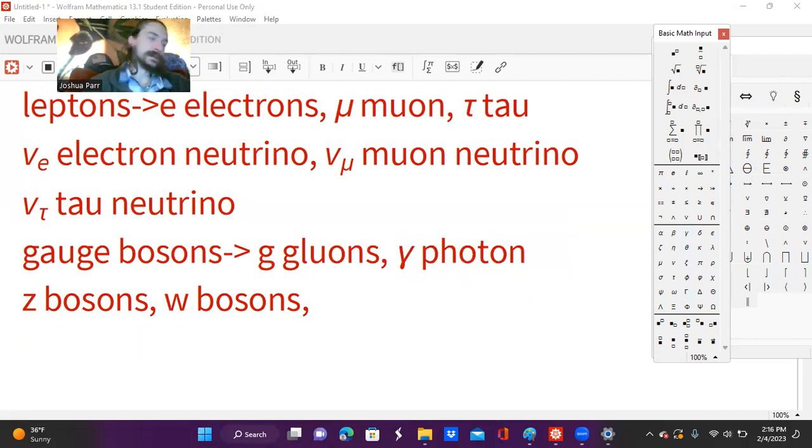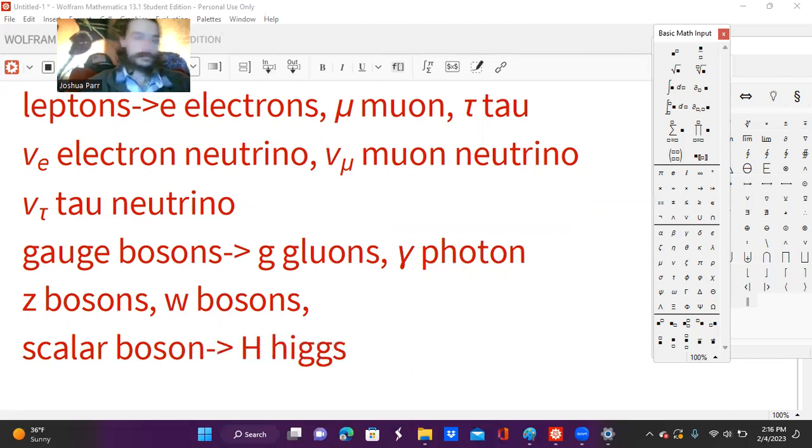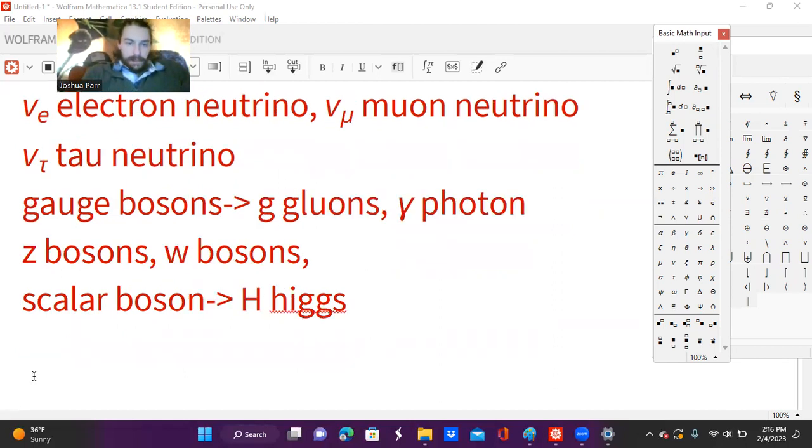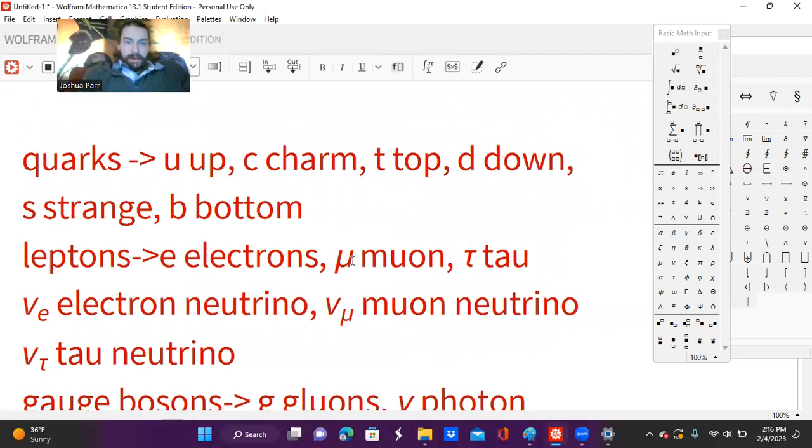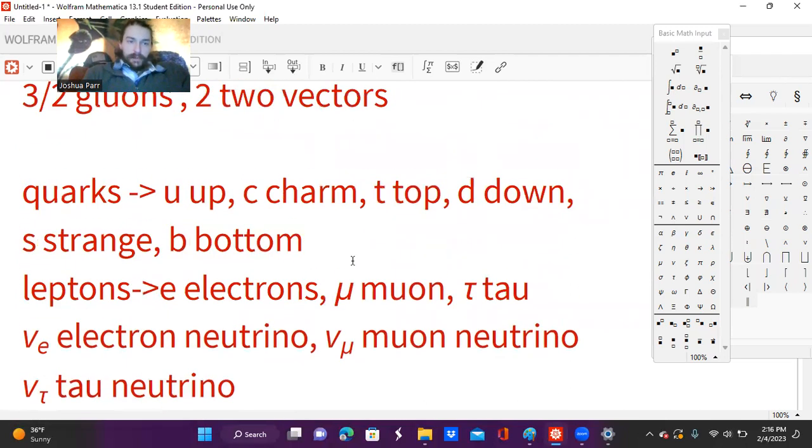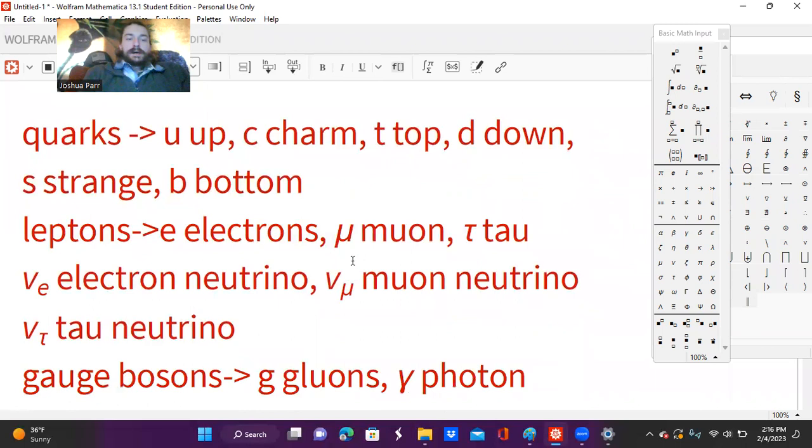It's a scalar boson. H for Higgs. All right. That is what's going on with that. Quarks, leptons, physical stuff.